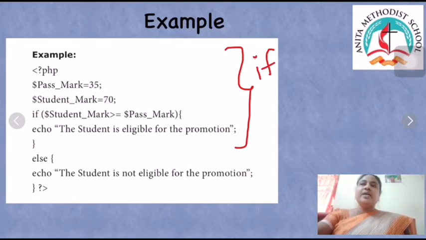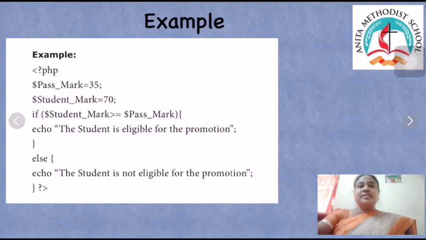So dollar symbol pass mark equal to 35, dollar symbol student mark equal to 70. In the if statement, if the student mark is greater than or equal to the pass mark and the condition is true, it will execute: the student is eligible for the promotion. Till this point, this is the if statement.